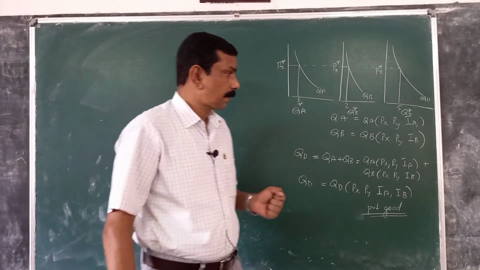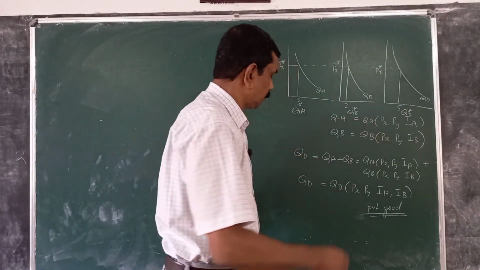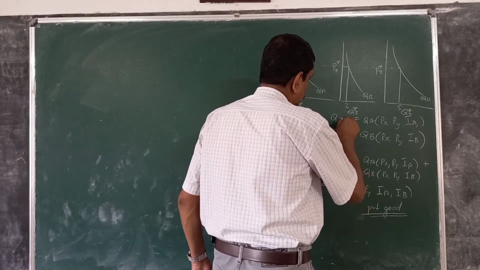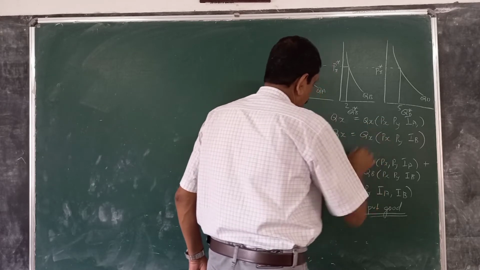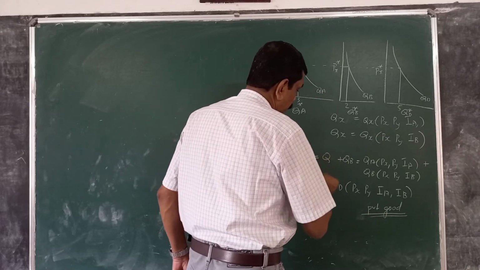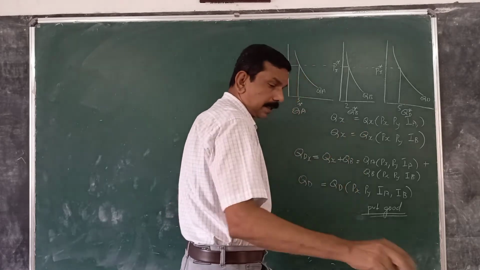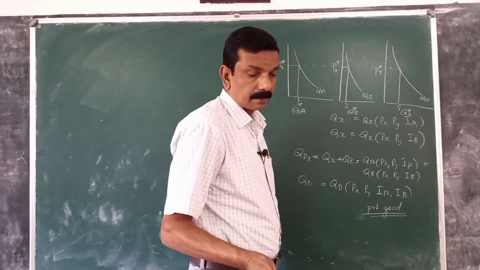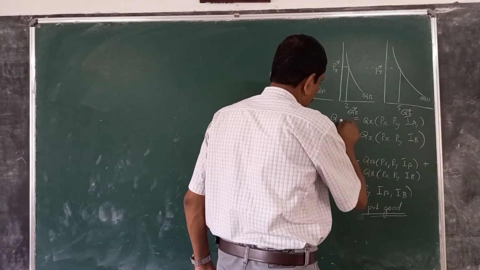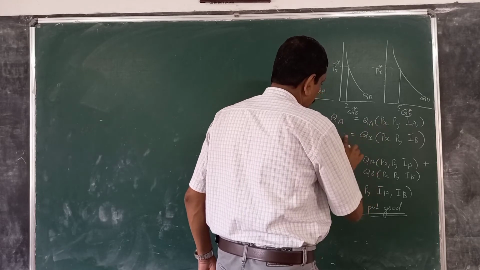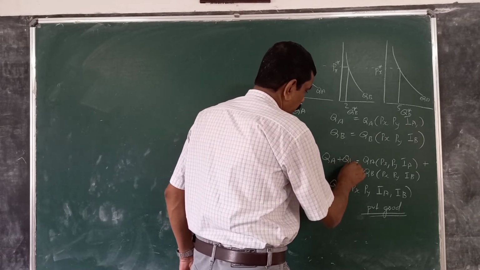And one more point is we are considering two commodities X and Y. So it is better to write quantity demanded of X, then QD of X is equal to the quantity demanded of X by A, QXA, and by B, QXB.